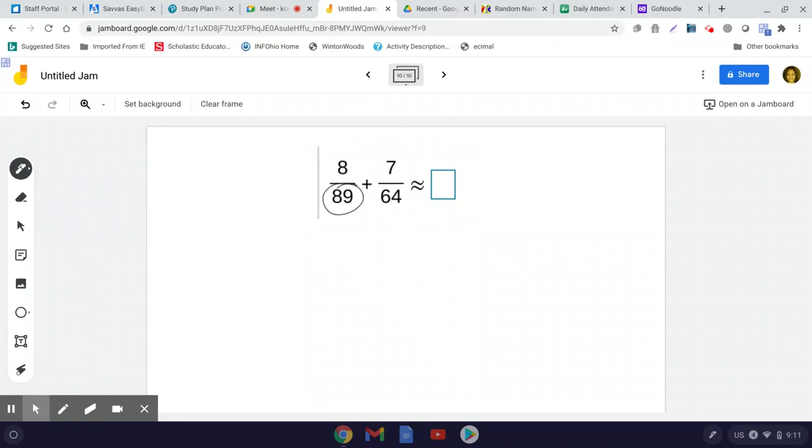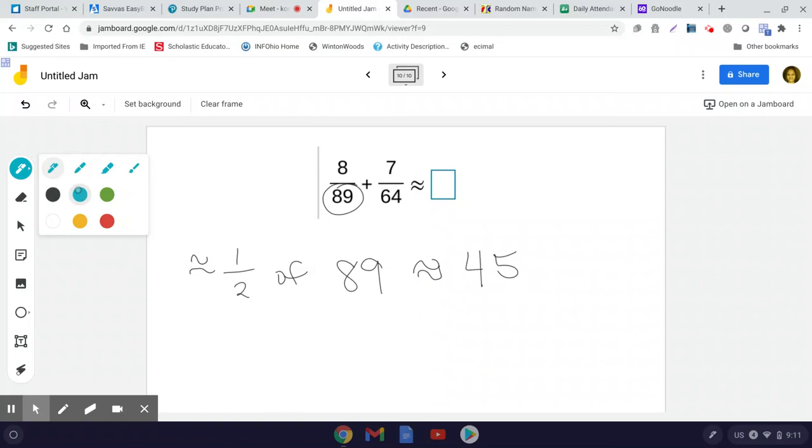What is about half of 89? That is about half of 90, which is about 45. So is 8 anywhere close to 45? No. So I'm going to estimate this to 0 because 8 is way far from 45.